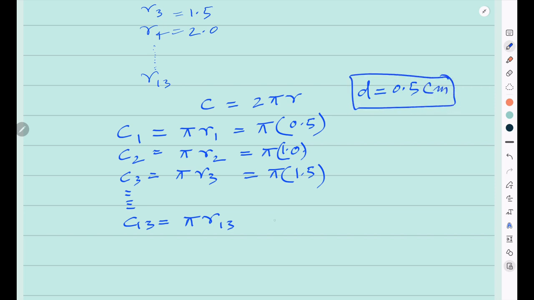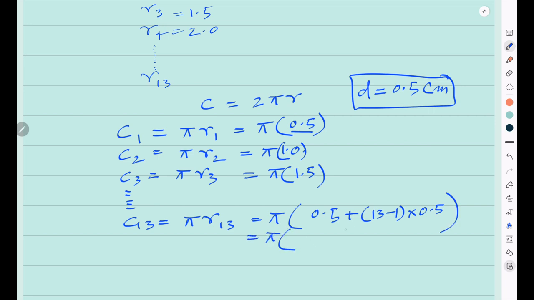You can see that. So for the last circle, how much will it be? We can always apply this formula, a plus n minus 1 into d. d is also that one.